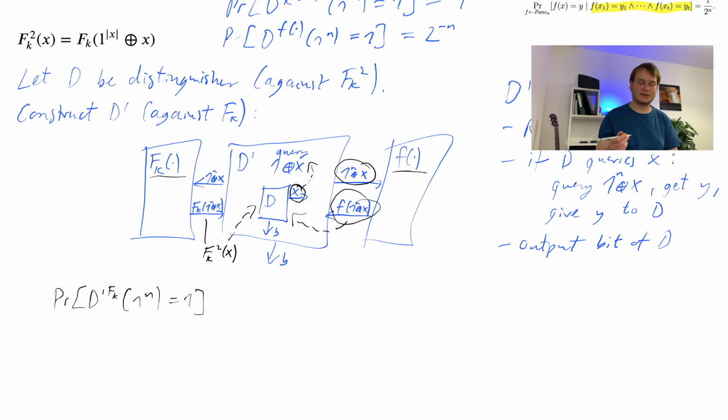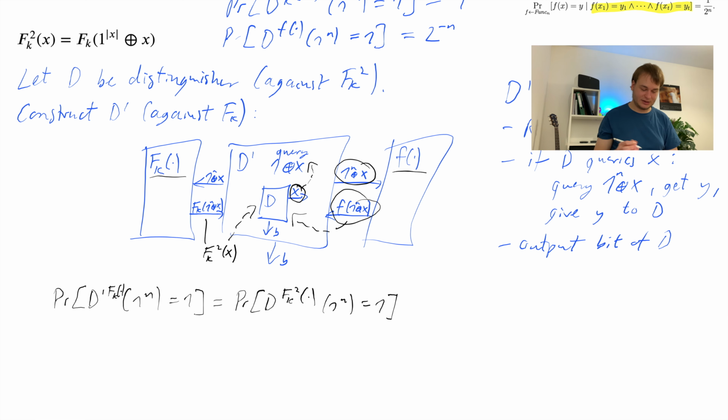So what we need to analyze is the probability that d prime, given oracle access to fk, will output 1. And well, from how we constructed this, we know that this is the exact same probability that d will output 1 if it interacts with the oracle for its pseudo function fk2.